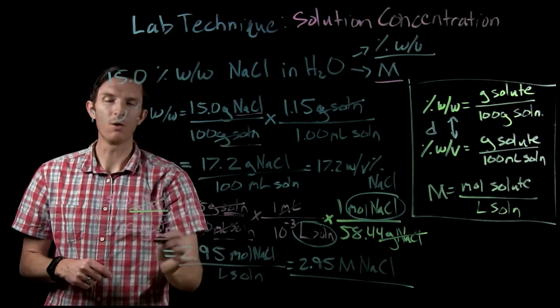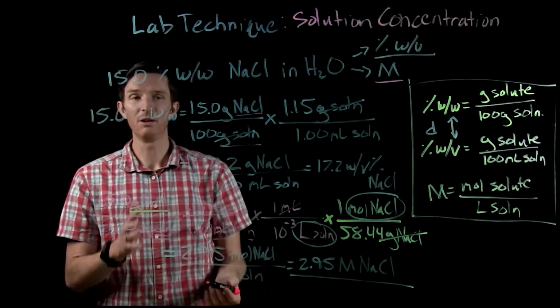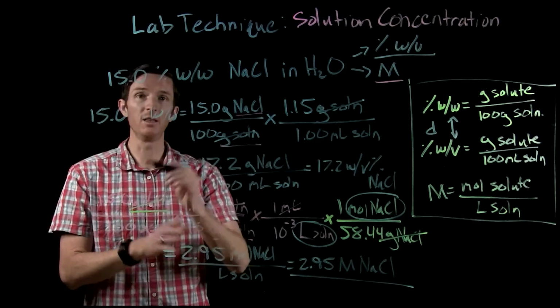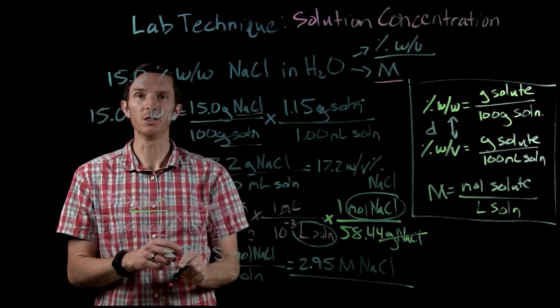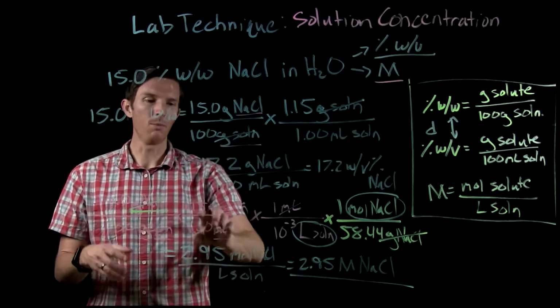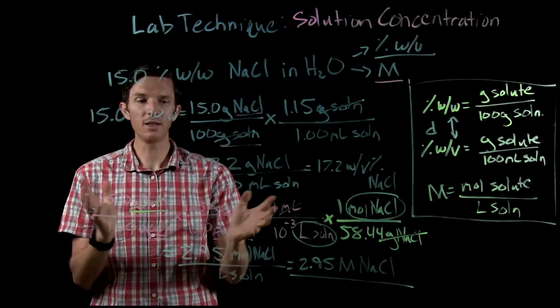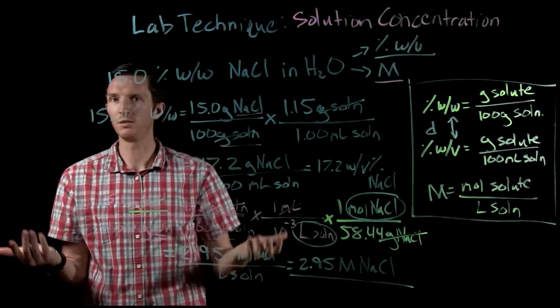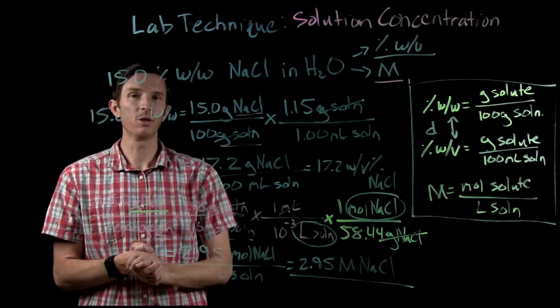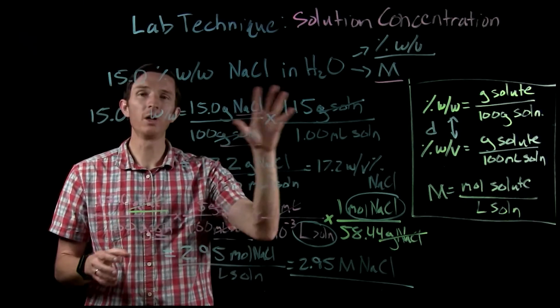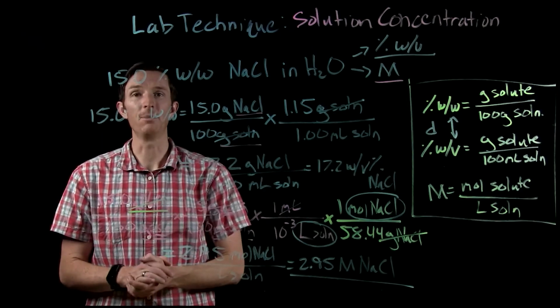I always wrote out what those corresponded to. If we don't do that, we're going to get lost in these different pieces and calculations, and maybe use the density incorrectly, not thinking it's the mass of the solution but thinking it was the mass of my solute. So we really want to keep track of these as you work through these calculations as you prepare for lab this next week.